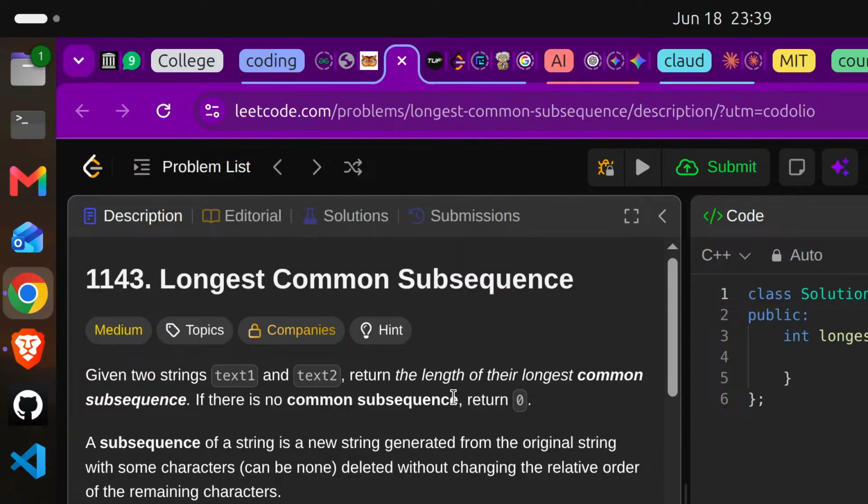Okay, or we can say -1 here, and we are passing DP here, right? And we can pass this DP here also as a reference.